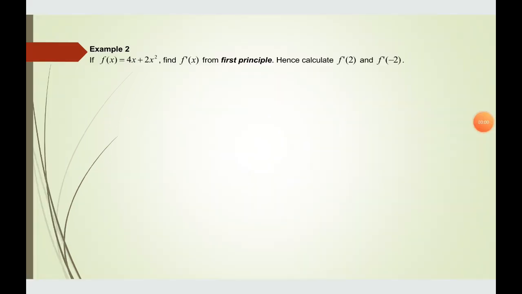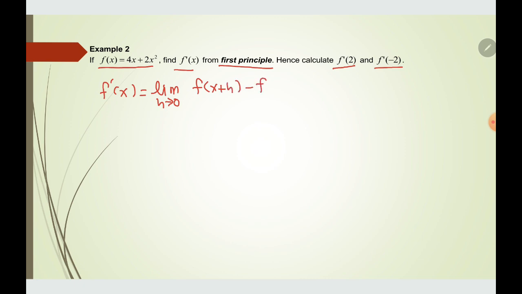Okay. Example 2. If f(x) equals 4x plus 2x squared, find f prime x from first principle, hence calculate f prime 2 and f prime negative 2. First we need to find the f prime by using first principle. Remember the formula, where we have limit when h approaches 0, f(x) plus h minus f(x) over h.